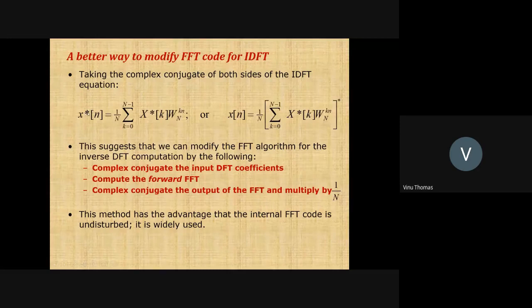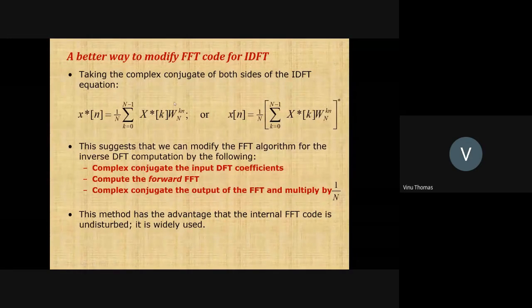If I take the conjugate on both sides, this becomes x star of n, equal to 1 by n sigma k equal to 0 to n minus 1 X star of k W raised to kn, because I have taken the complex conjugate throughout. So X of k becomes X star of k, and W raised to minus kn becomes W raised to plus kn.